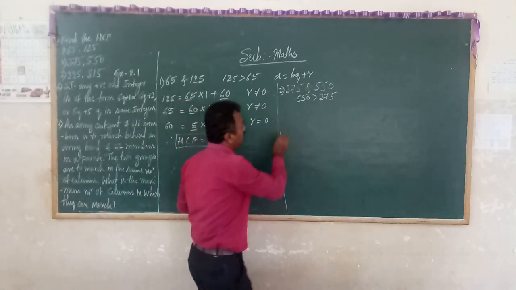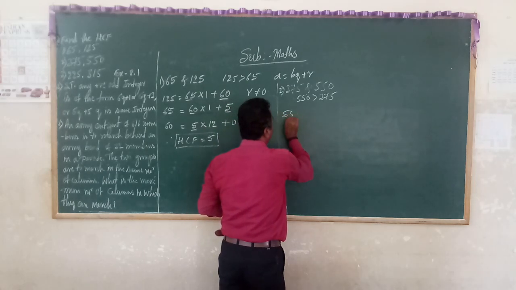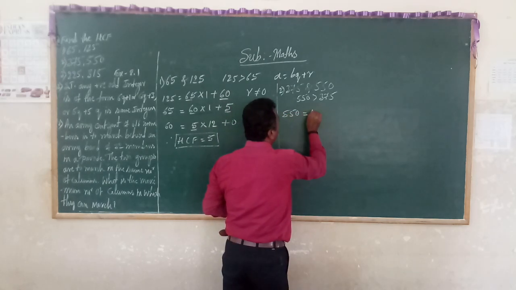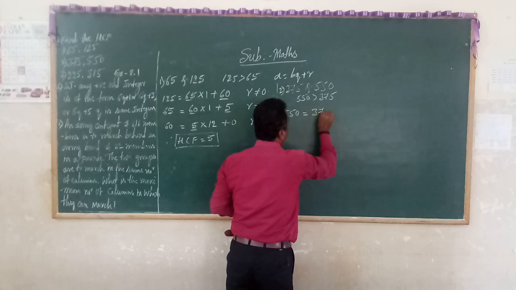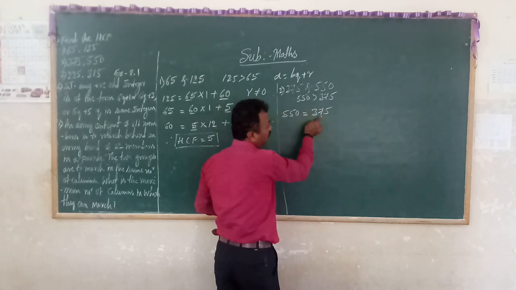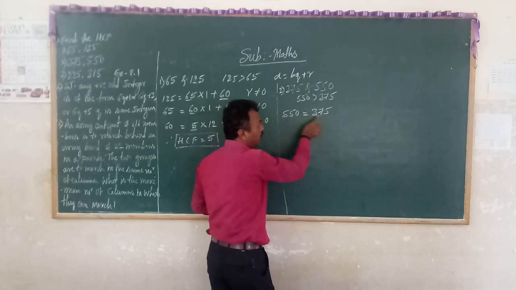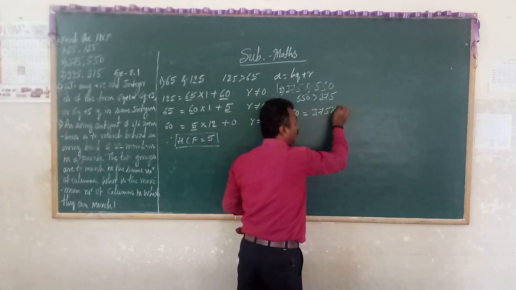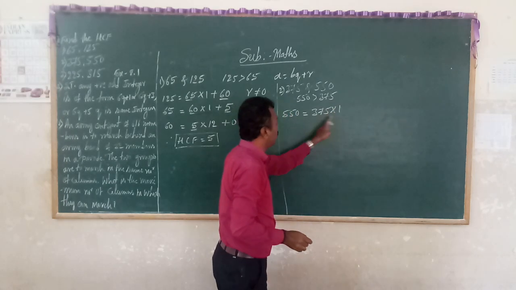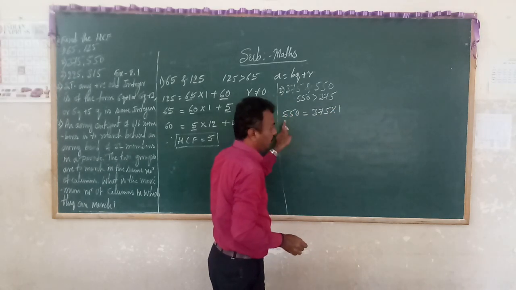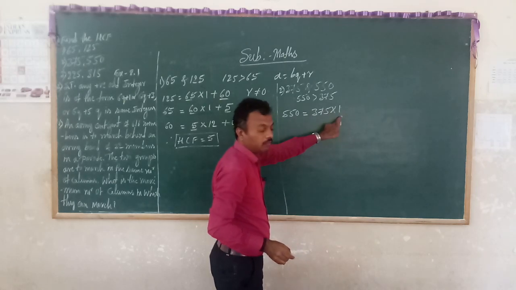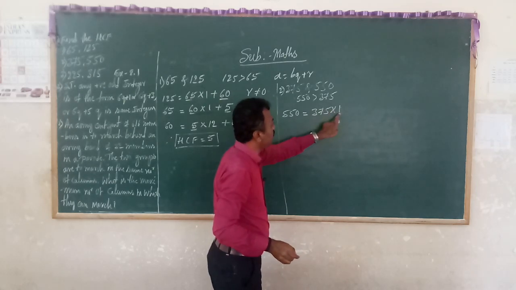So using the EDL, 550 is equal to 375 into something. We have to divide 550 by 375. I should take 375 into 1. If you take 2, it becomes more than 550. 750 is too big, it will not go. So I should take 1.